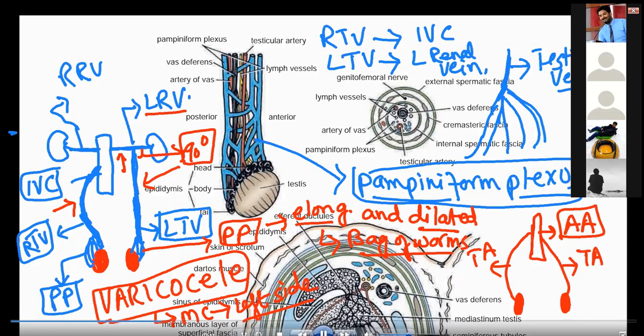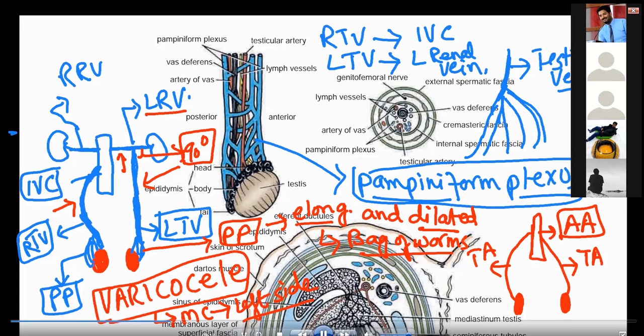So what is varicocele? A condition in which the veins of the pampiniform plexus become elongated and dilated, and it is most commonly on the left side. Why is it on the left side? Because your left testicular vein is draining the blood into a high pressure vein, that is your left renal vein, and when it is draining here it forms a 90-degree angle.